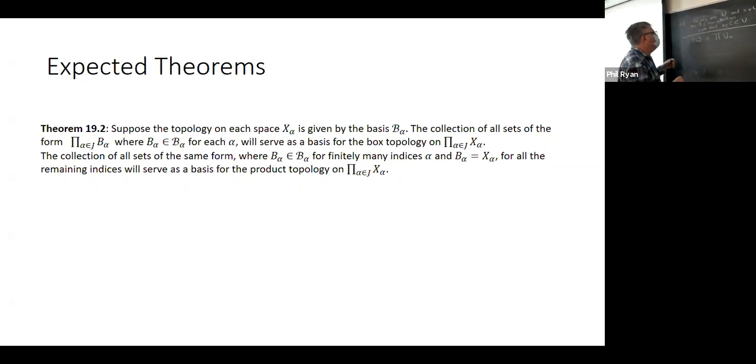So what do we need to do? We need to show that this is true. So this is what we need to show. And this is true because this is a basis for each X alpha.